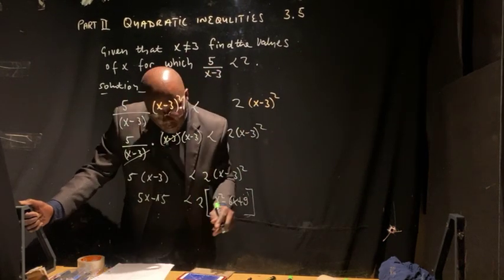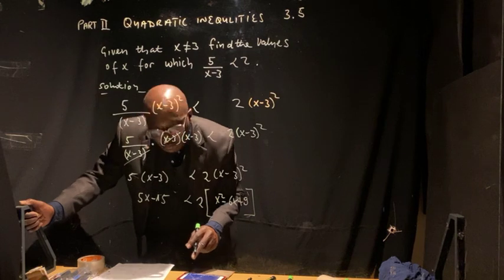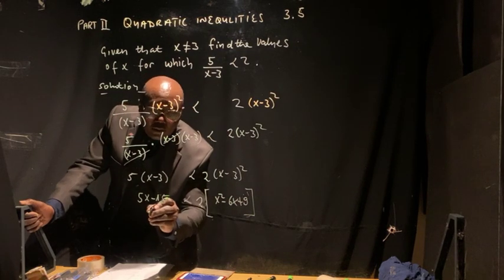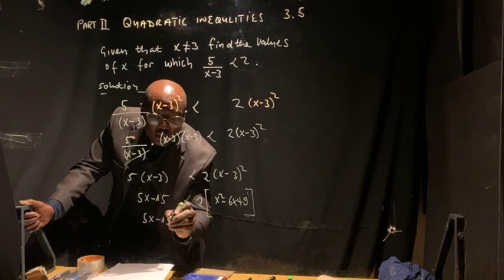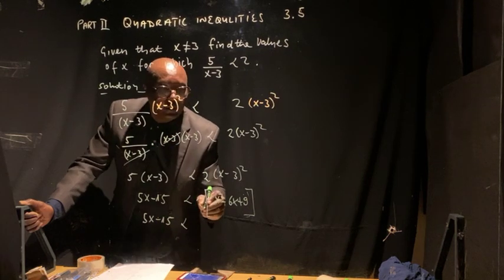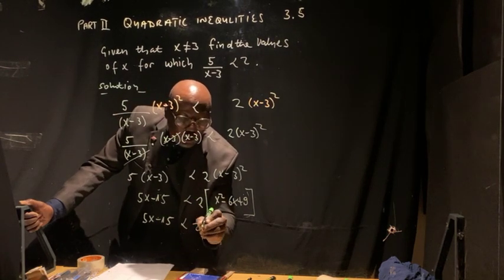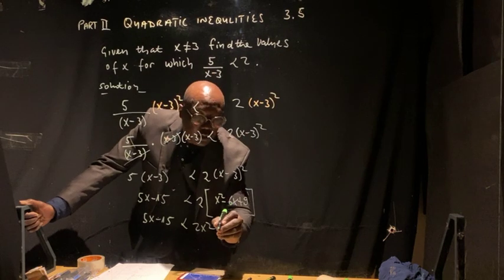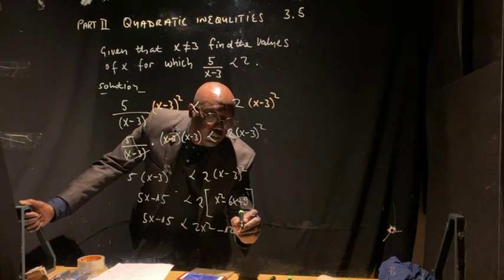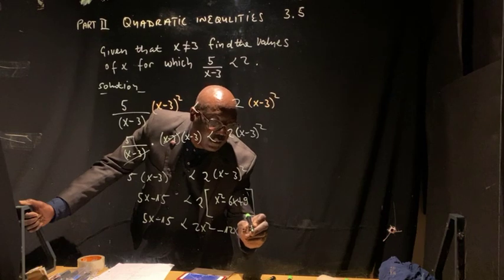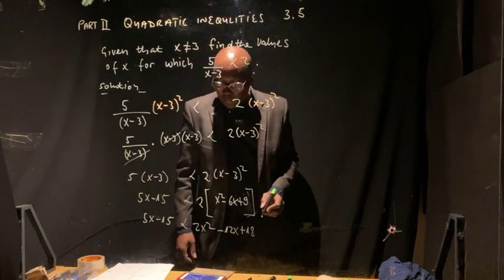Good. Is there any space over there still? Yeah. We have 5x minus 15 is less than 2x squared minus 12x plus 18. Good.